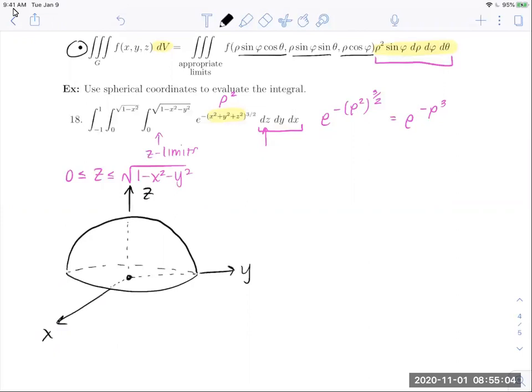Now the question is, are we going to work over this entire solid, the entire hemisphere? Or are we going to start slicing and dicing it down to quarters of spheres or eighths of spheres? So that's what we're going to check next.